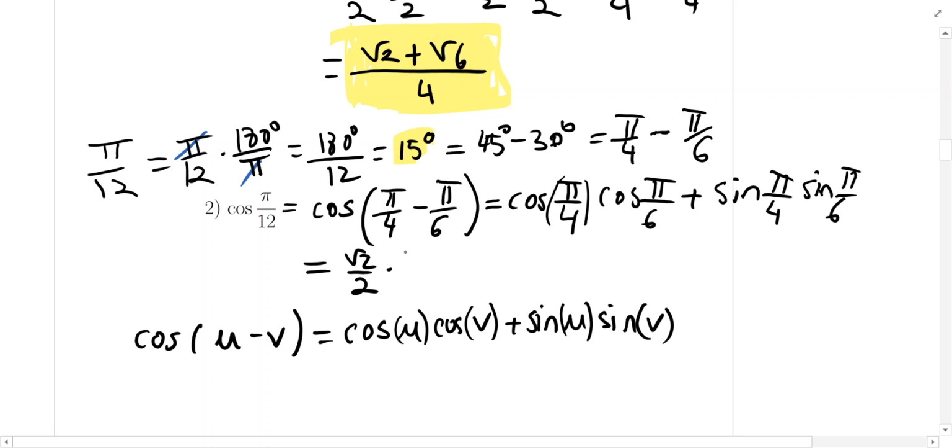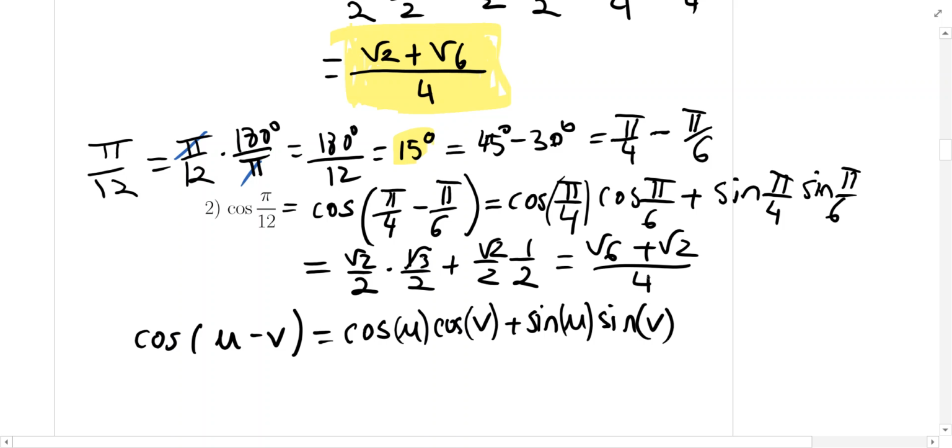Cosine of pi over 6 is square root of 3 over 2. Sine of pi over 4 is square root of 2 over 2, and sine of pi over 6 is 1/2. So this is square root of 6 plus square root of 2 over 4. Notice that this is the same as what we got before, but that doesn't mean we're always going to get the same answer.